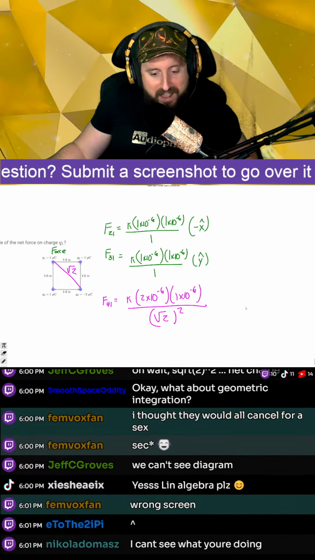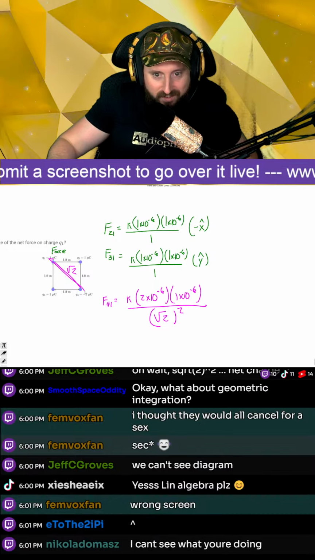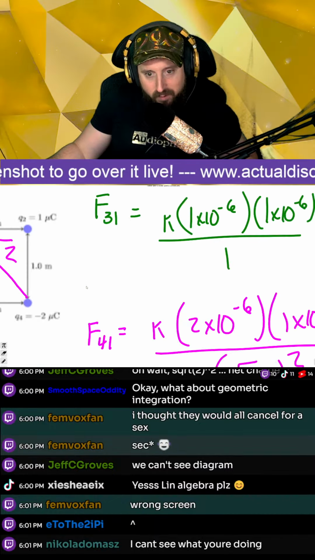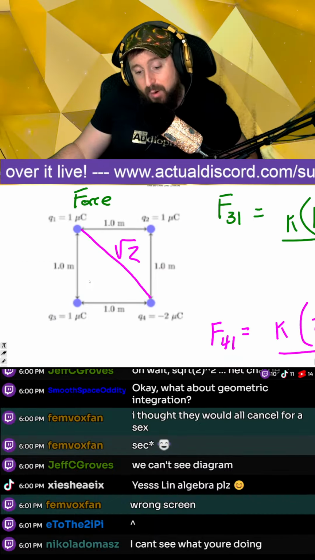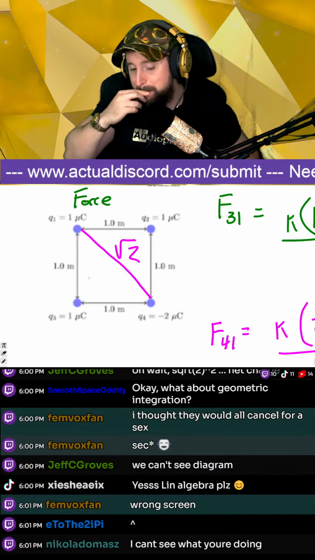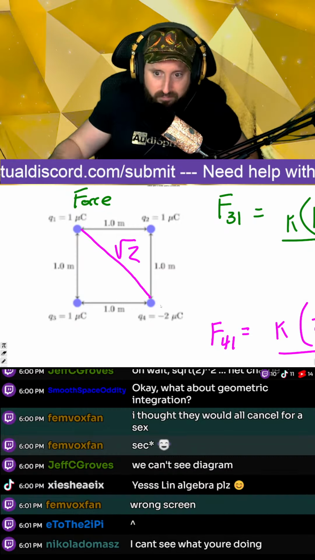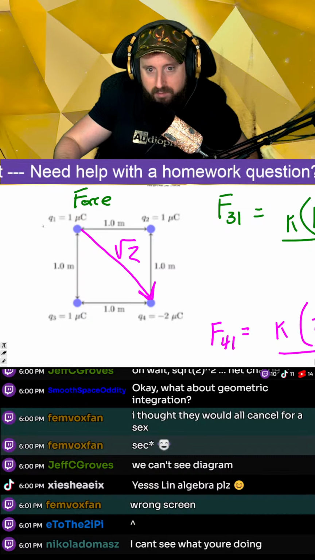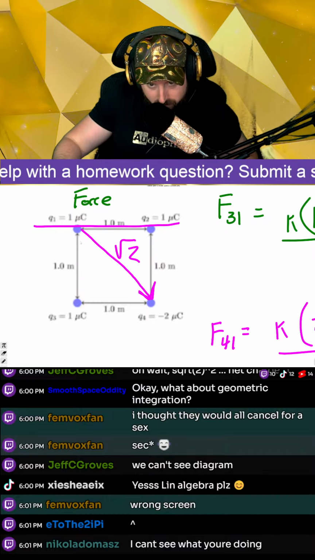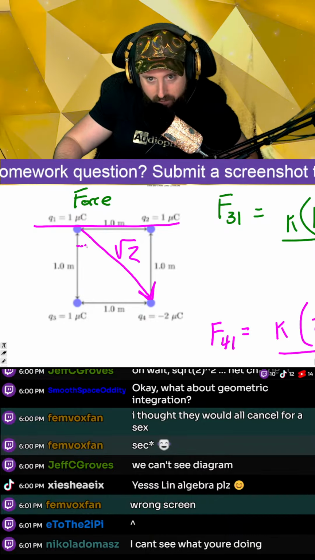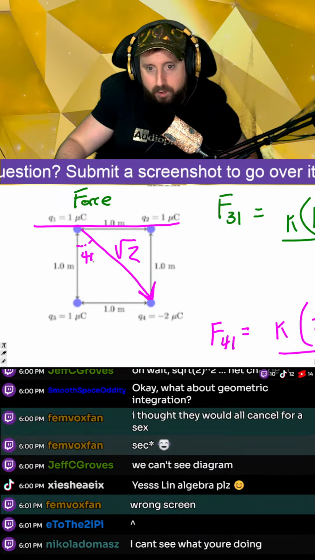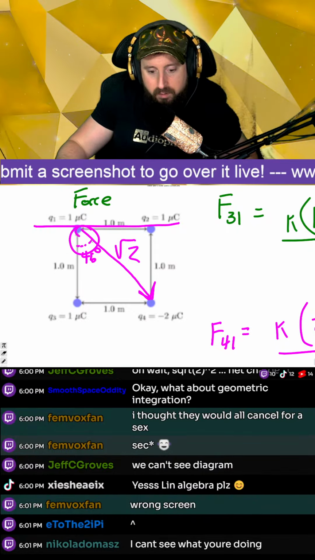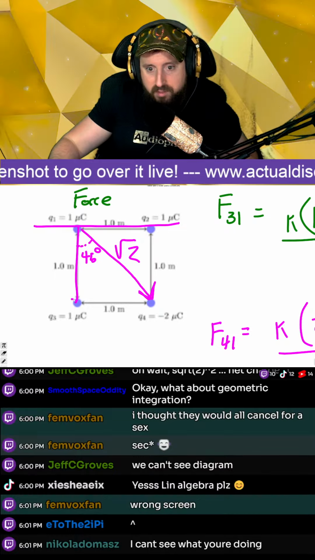And then it's interesting. That's pointing directly diagonally down, okay? If I want to get the components of this, because it points this way, we can kind of think of this as maybe some angles here. Let's call this the angle. I know that this is going to be 45 degrees, Nicola, because this is the same distance as this.